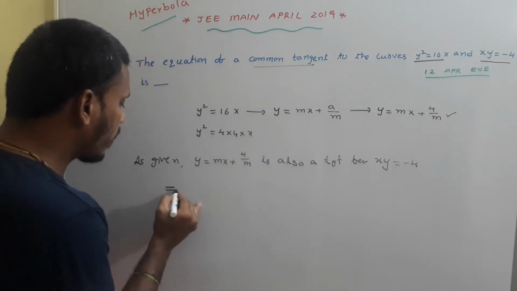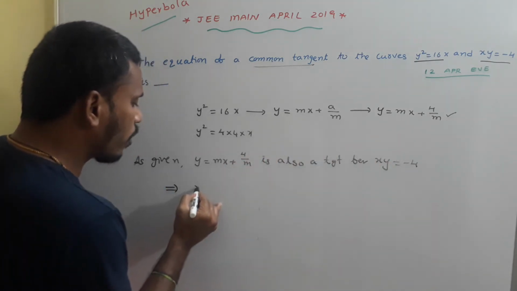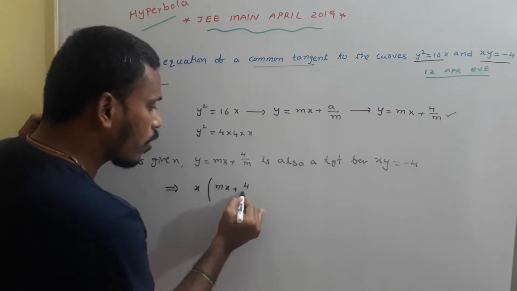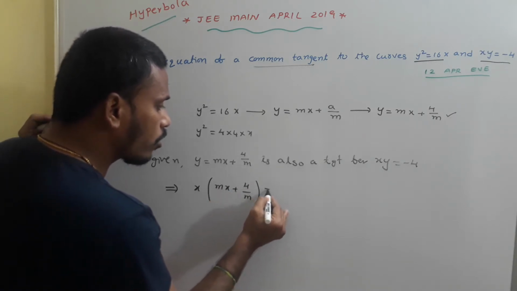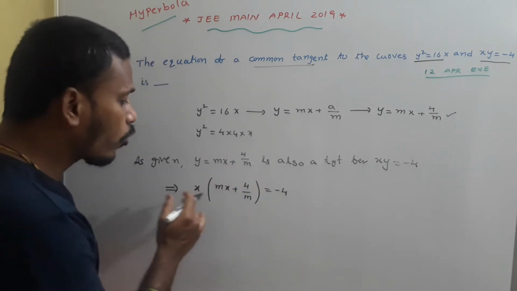Replace y with mx plus 4 by m: x into mx plus 4 by m is equal to minus 4. Just multiply everything with m and make a quadratic.